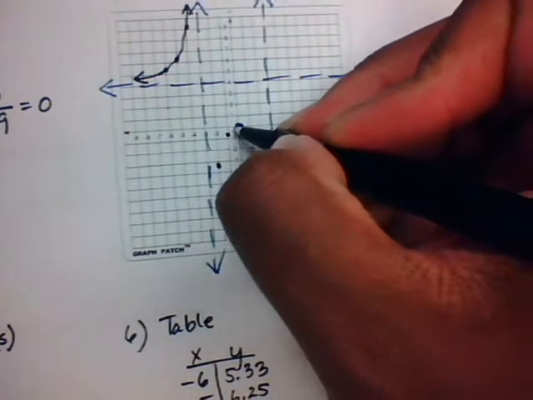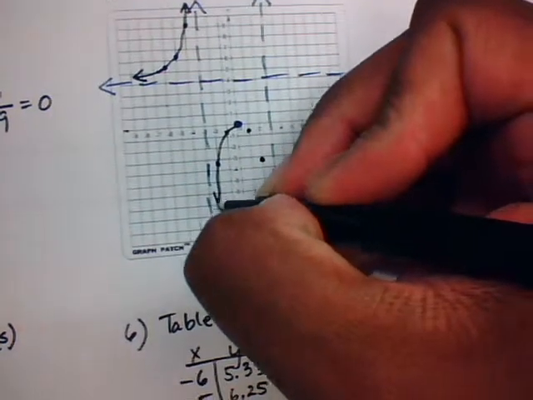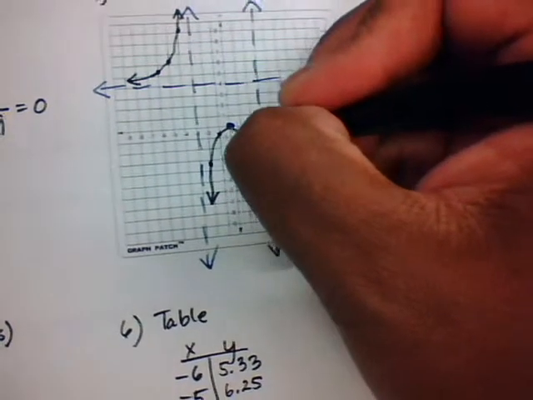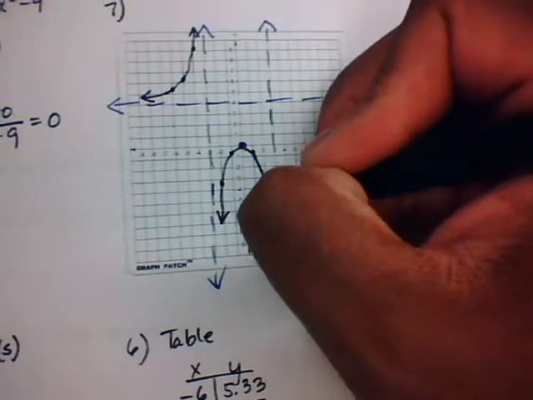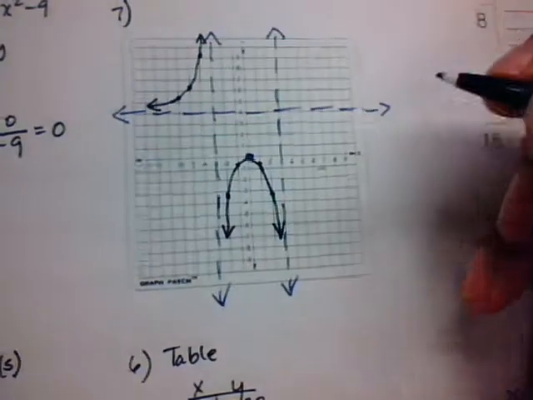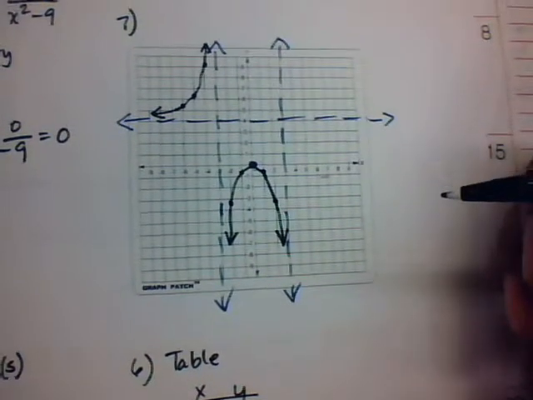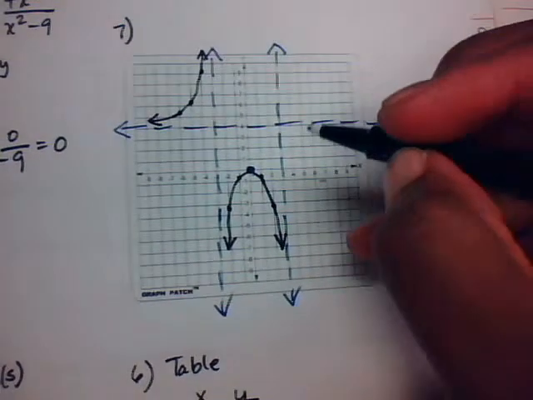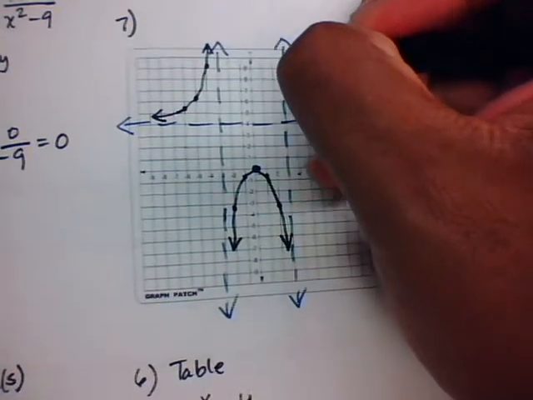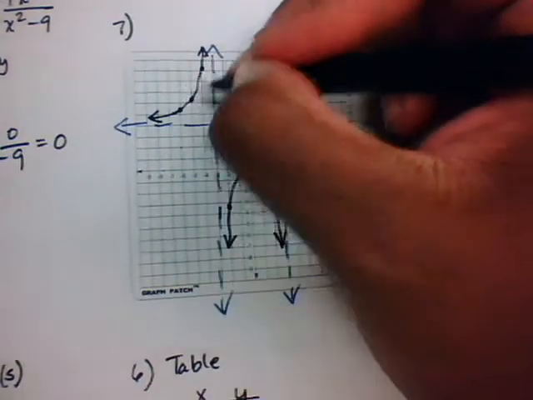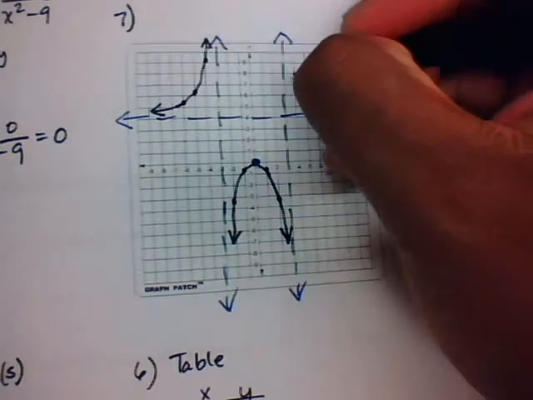And then here's what this part of the graph is going to look like. It's going to come down this way on the left, and on the right it's going to be coming down like this. Okay. And then for 4 and 9.1, we know this part is a mirror image of this part.